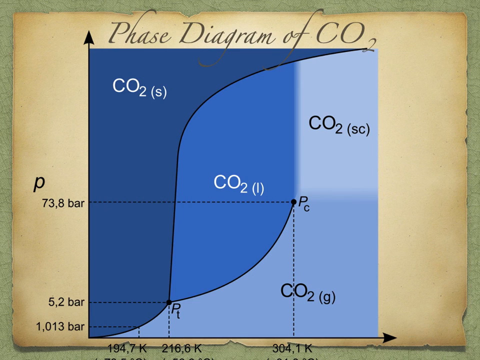Here's another phase diagram I want you to look at. This is the phase diagram of carbon dioxide. Again, you'll notice that we have 5.2 bars is where the critical point happens. So 1 atmosphere is actually below. The comma there is actually a decimal point for us here in the US.